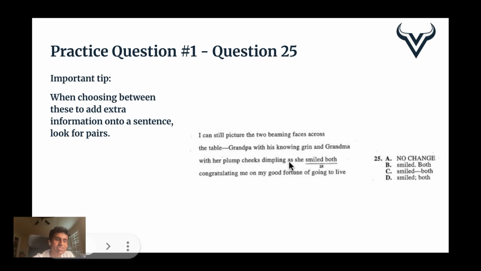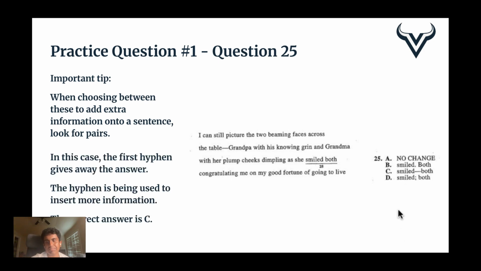So the extra information here is Grandpa with his knowing grin and Grandma with her plump cheeks dimpling, as she smiled. So look at the first thing. The first thing's a dash or a hyphen. So you also want to pair it with another dash or hyphen. So the answer would be C.